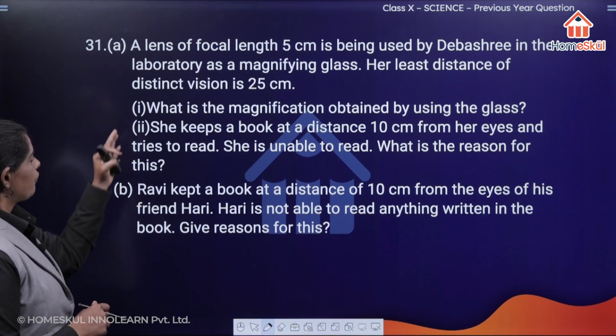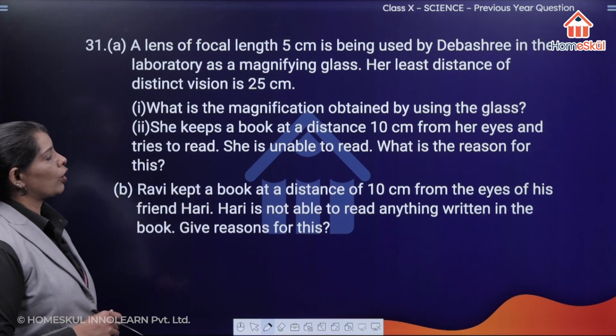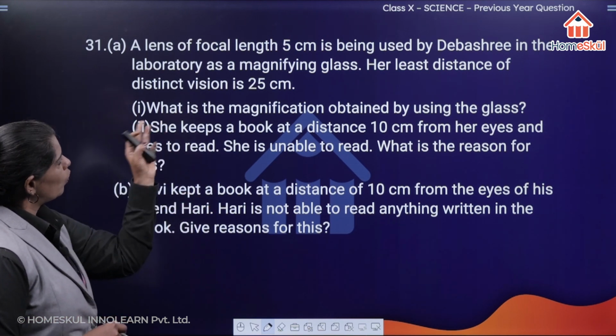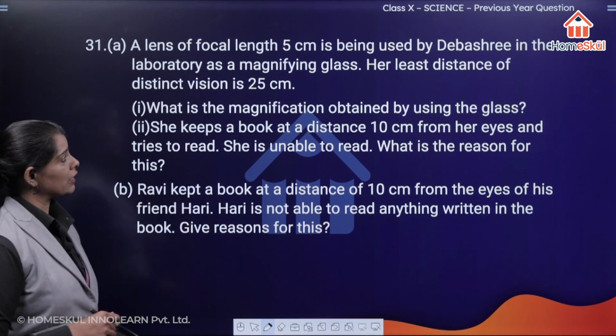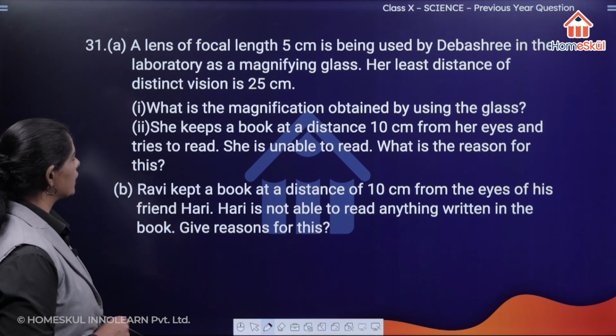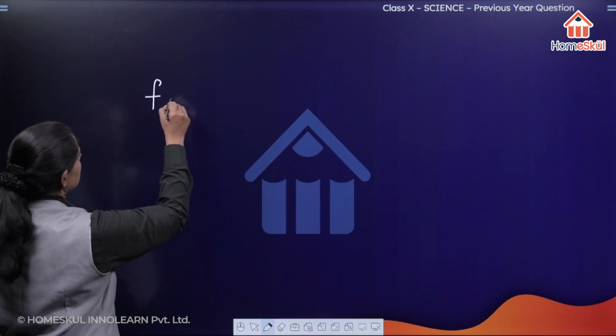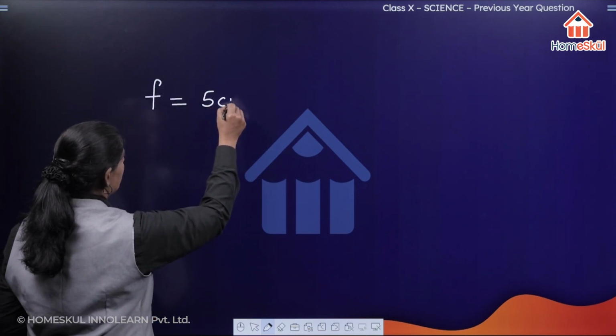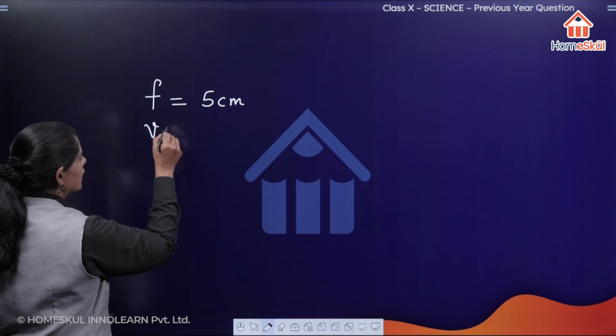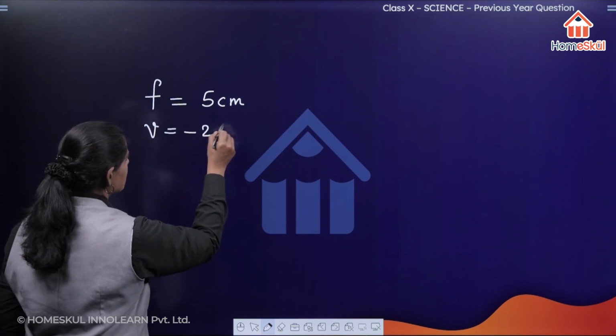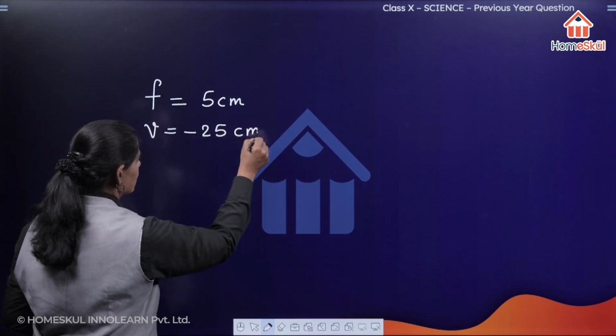So first of all, we have to find what is the magnification obtained by using the glass. So what is given here? Focal length is given, that is 5 centimeter, and least distance of distinct vision is given 25 centimeter. So here we have convex lens, the focal length is 5 centimeter, that is positive. Image distance, that is least distance of distinct vision, is the image distance which is given as 25 centimeter.